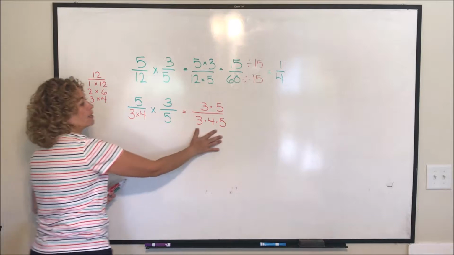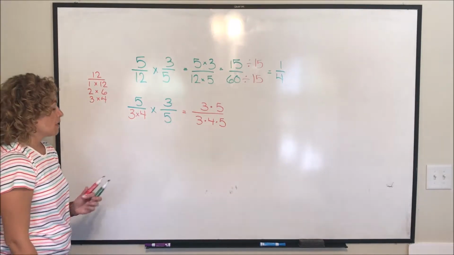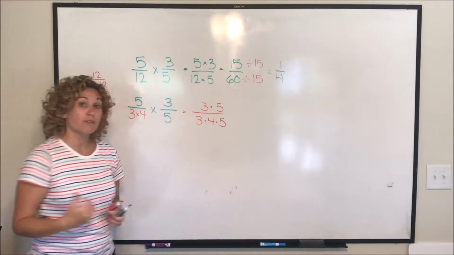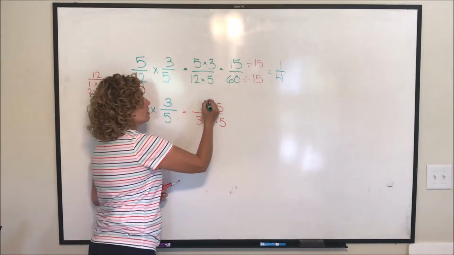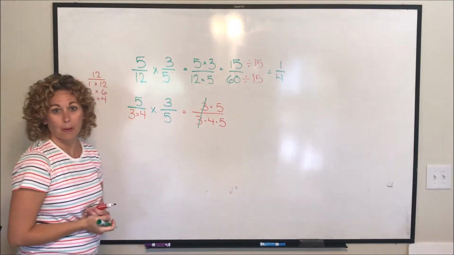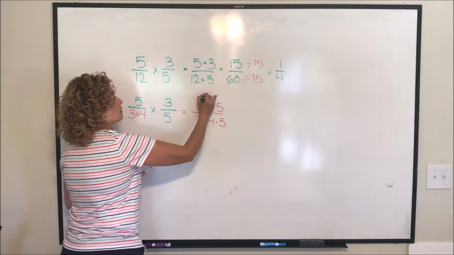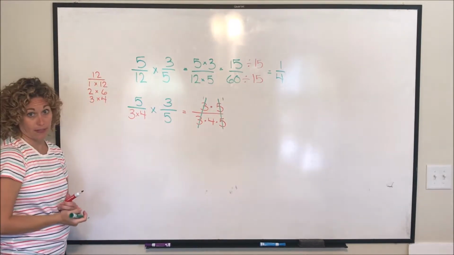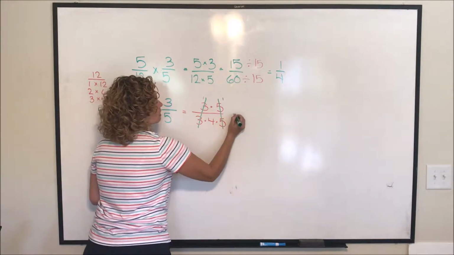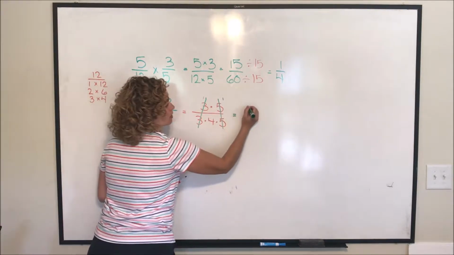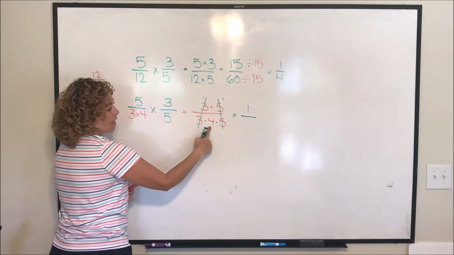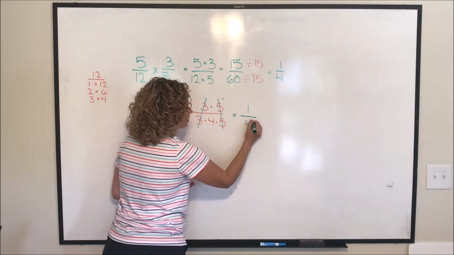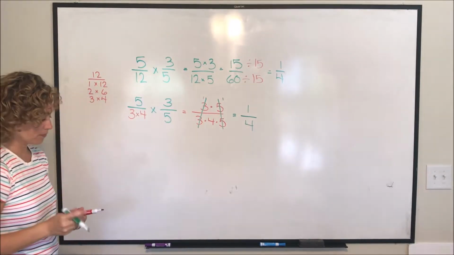So I just recopied everything. We know that 3 divided by 3 is 1. We know 5 divided by 5 is 1. That leaves me with 1 times 1 is 1, and just a 4 in the denominator.